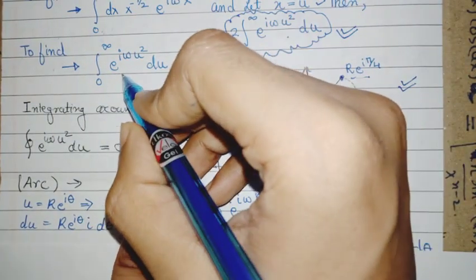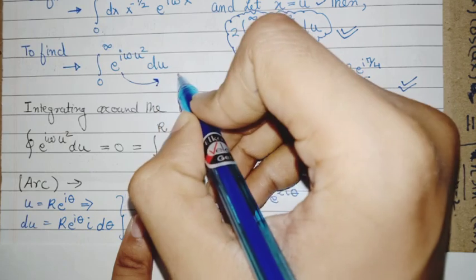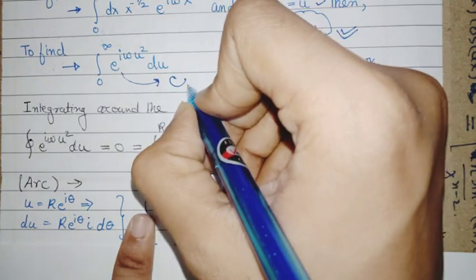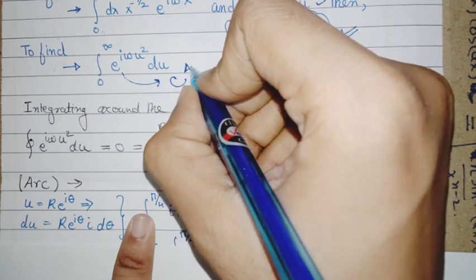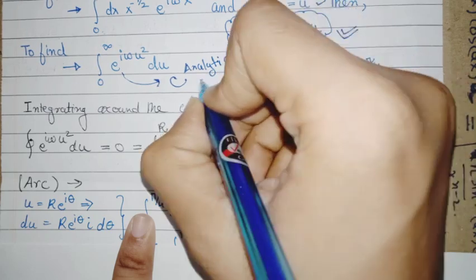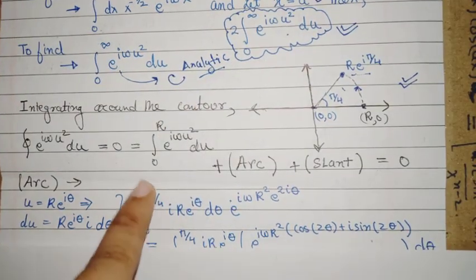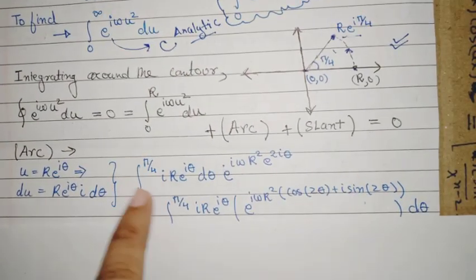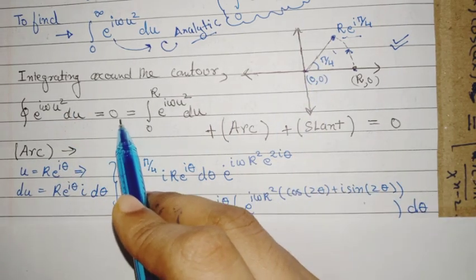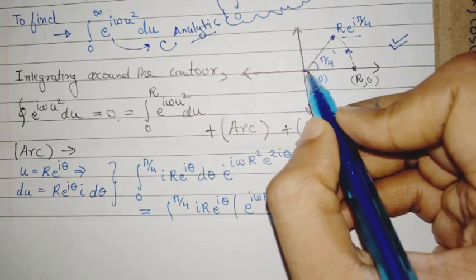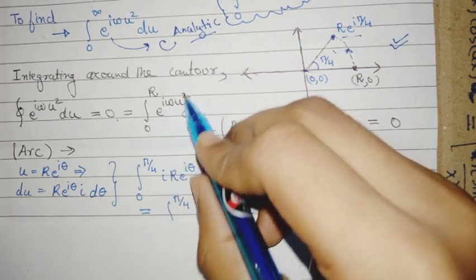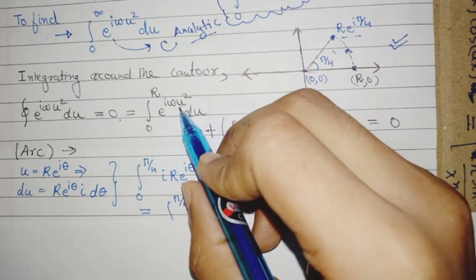Why is that so? This integral is everywhere defined and analytic. So I can write that down. It is analytic everywhere on the complex plane. So the contour integration of this integral will give us 0, which is equivalent to saying the integral from 0 to r, which is just this, replaced here.